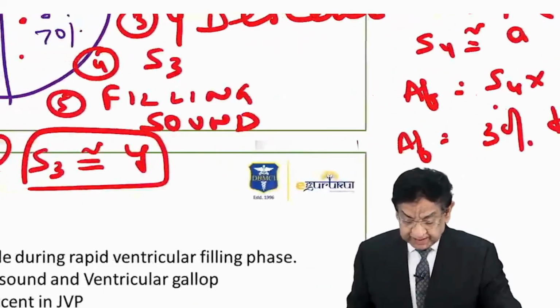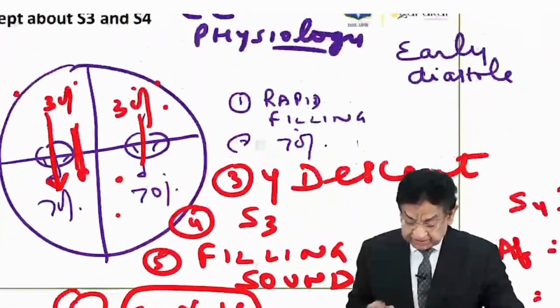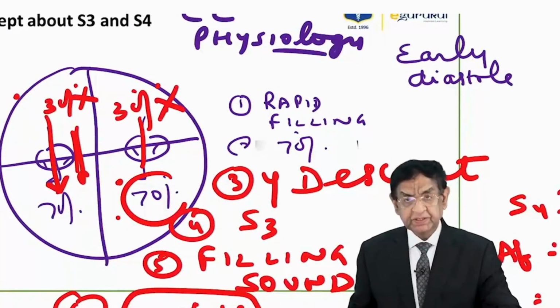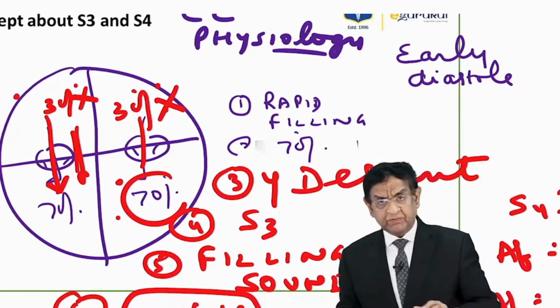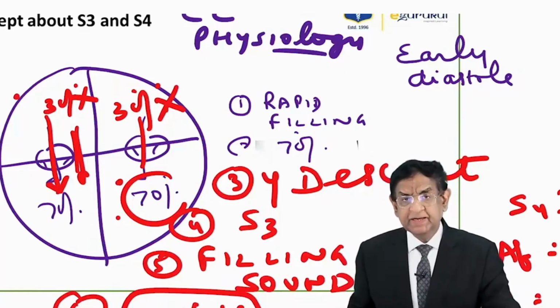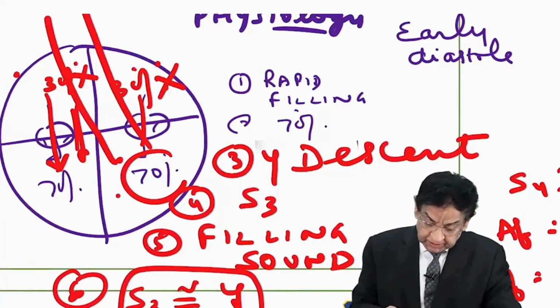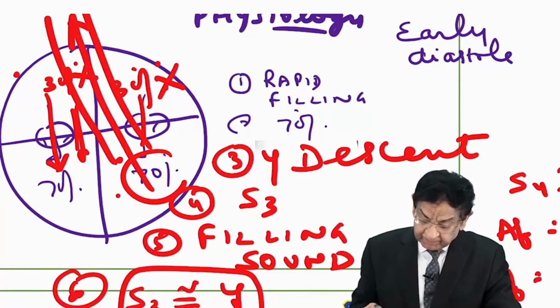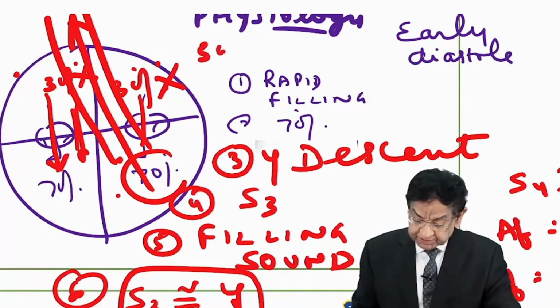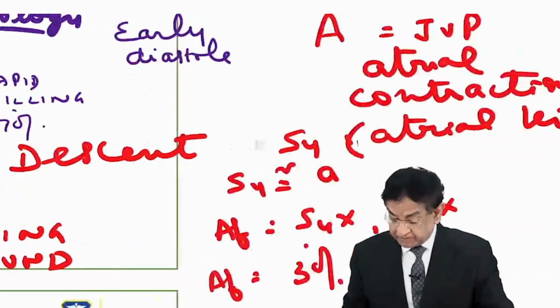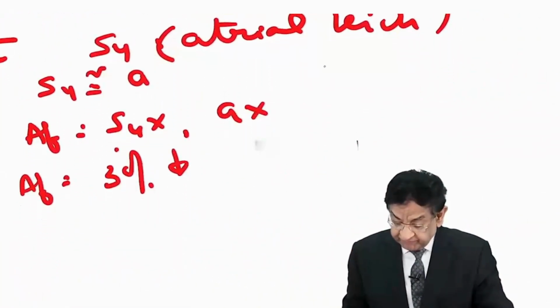Why? In atrial fibrillation, only this 70% blood will come, this 30% will not come. So the amount of blood coming to both the ventricles is reduced by 30%. So in the next systole, the amount of blood entering will be reduced by 30%.